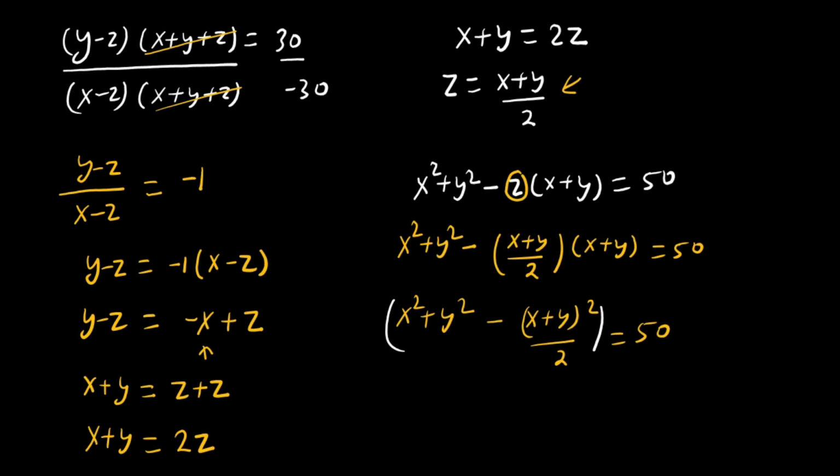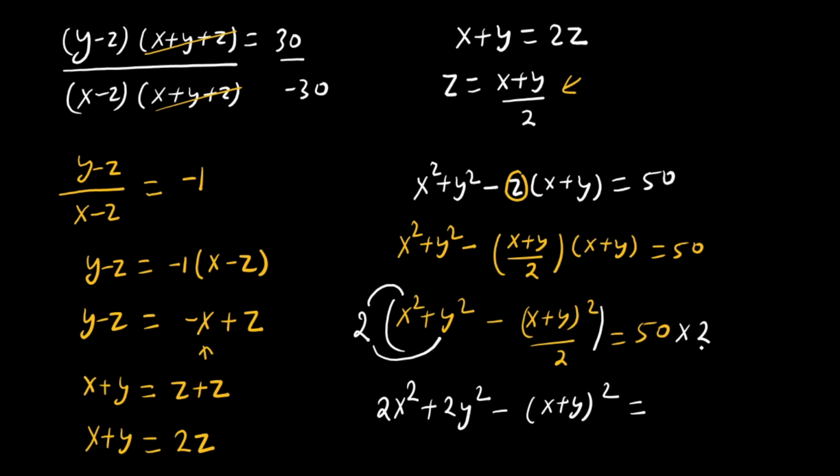If we multiply both sides by 2, then 2 is multiplied by x square, giving 2 times x square, and by y square, giving 2 times y square, and by x plus y whole square divided by 2, giving minus x plus y whole square, and this is equal to 50 times 2, that is 100.